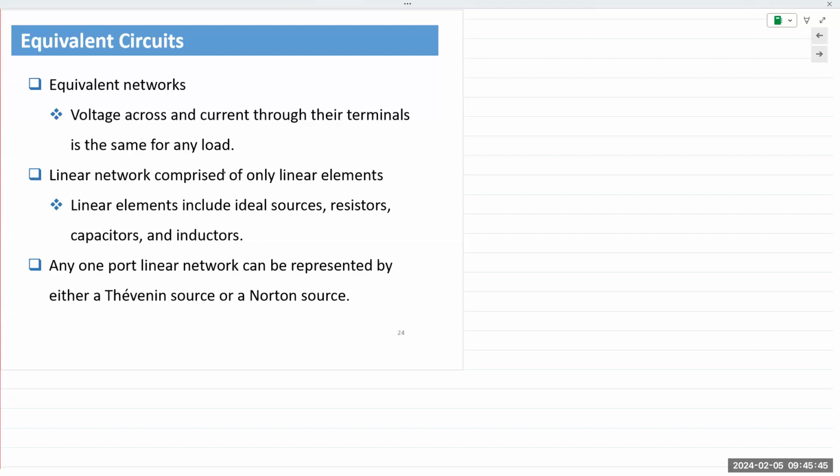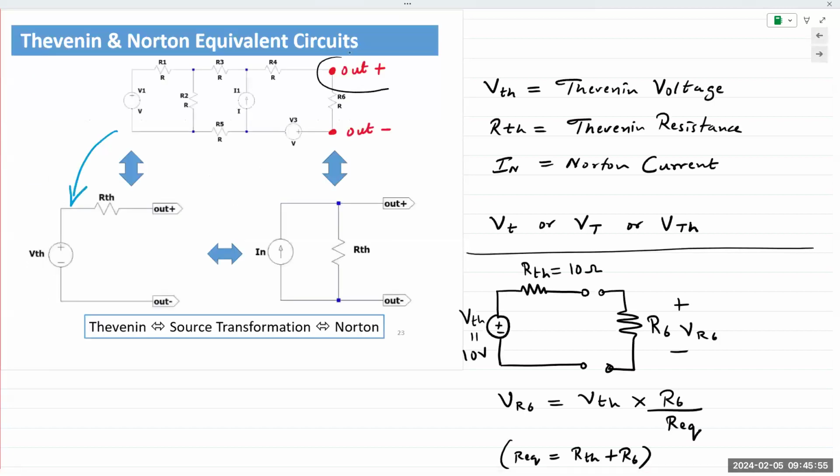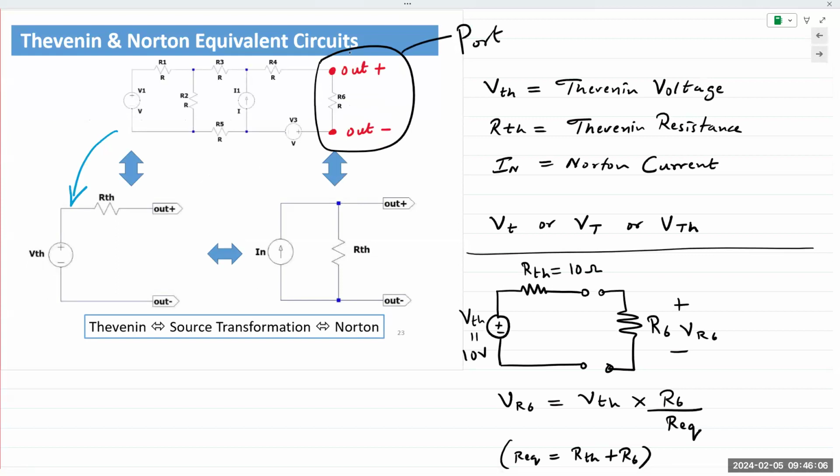And then any one-port linear network, one port meaning a set of input or output terminals. Basically what we saw in this example, the plus and minus combined, we call this one port. When it comes to electrical engineering, we deal with larger circuits. Sometimes they have an input and then an output.